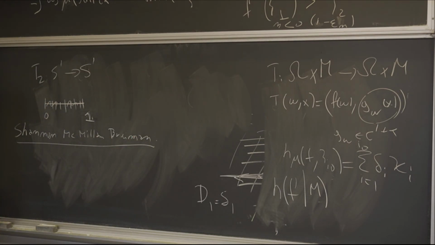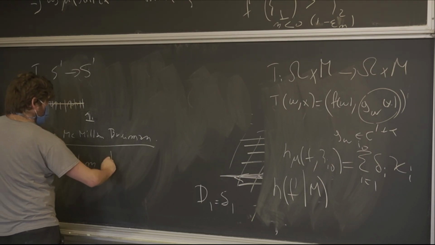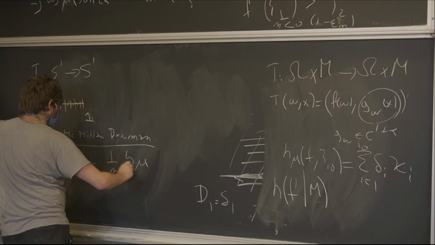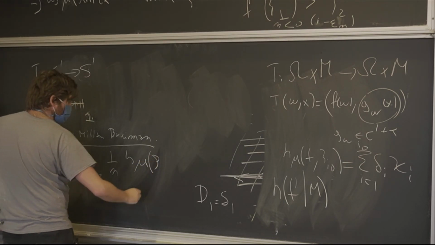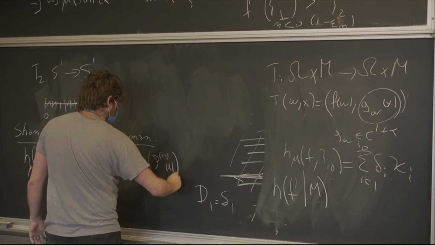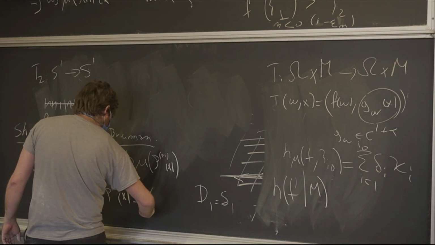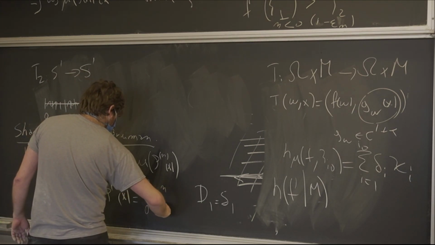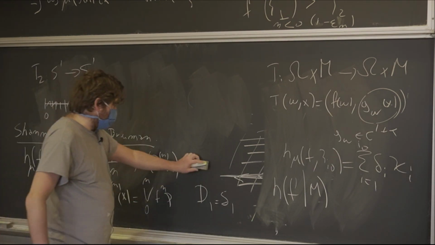As always in this entropy business, it tells you that the entropy of f, p is the limit as n goes to infinity of 1 over n log minus the measure of the partition P_n of x, where the partition P_n of x is the wedge from 0 to n of f^n p. Okay, so that's the first thing to know.